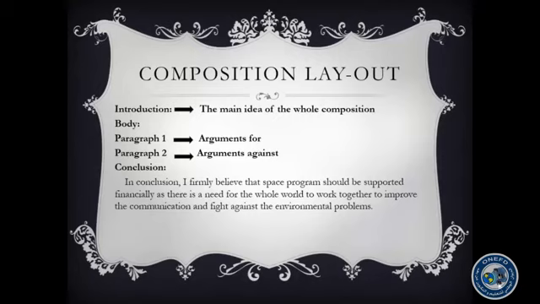In the body, you have 2 paragraphs. In the first paragraph, you explain why you are for the statement, why you are defending it, and in paragraph 2, you explain why you are against this statement, using arguments, of course, in both paragraphs.